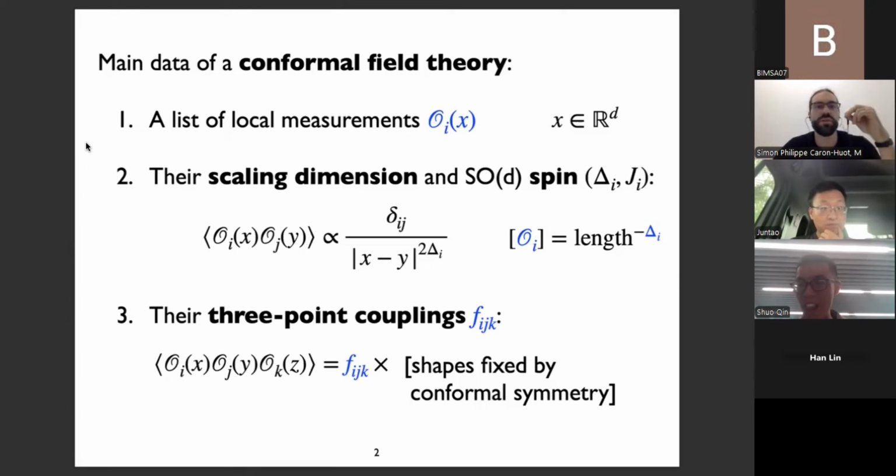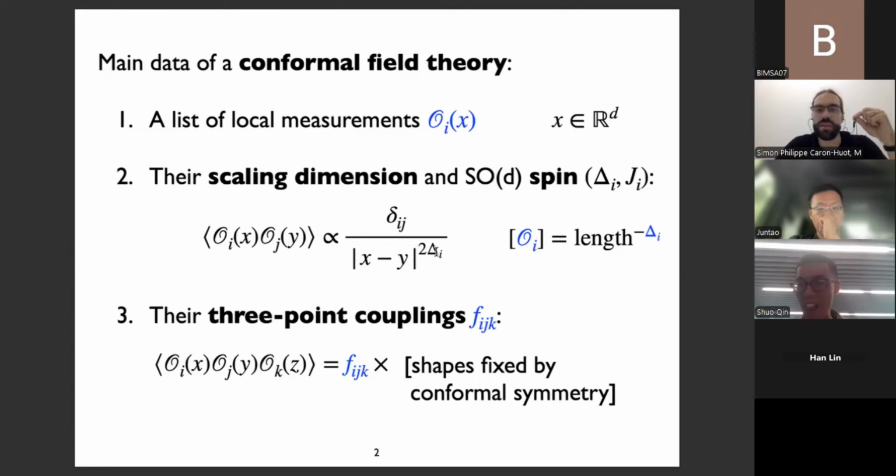So the main data of a conformal field theory is a list of local measurements, things you can measure locally. These things fluctuate, but they have a definite scaling dimension and some spin, the way they transform under rotation. And conformal symmetry implies that these fluctuations have a scale invariant spectrum, so you have some power law.